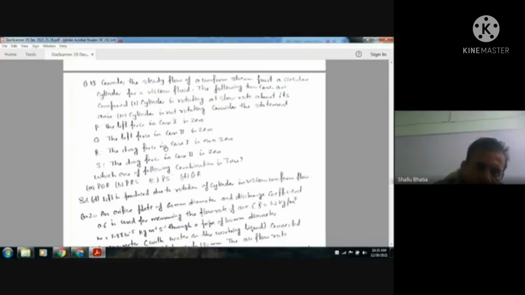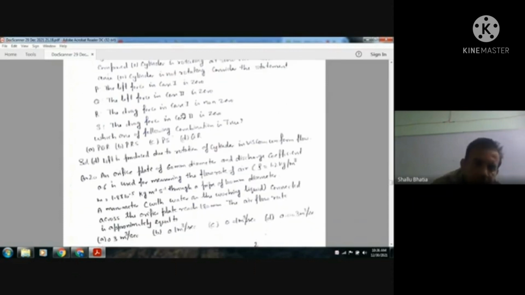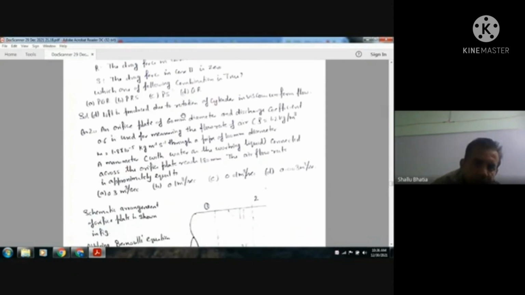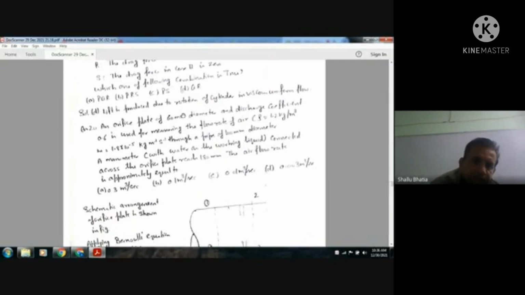That is Q. And R: drag force in case one is non-zero, because drag force is always present when the fluid passes through. So the answer is Q and R. Checking the other statements: the lift force in case one is zero? No, because the cylinder is rotating, so there will be lift force. Drag force in case two is zero? No, it is wrong, because drag force will always be present. Okay, next, the answer is B.